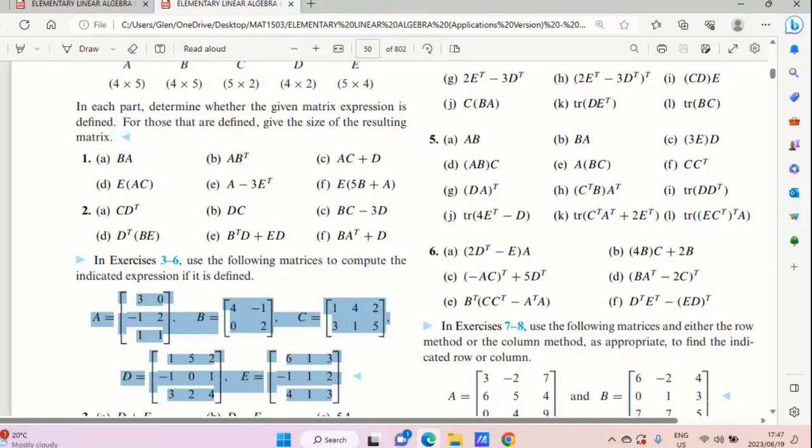Yes, we agree. Now we are going to take the second row and run it through the columns in the D transpose. Then it will be -1 plus 0 plus 2. Do we agree? Yes.